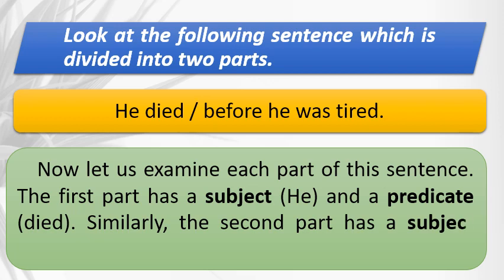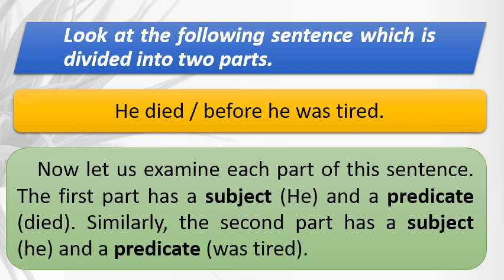Similarly, the second part has a subject he and a predicate was tired. So, in this sentence, there are two clauses. One is he died and another one is before he was tired. But one is a main clause and another one is a dependent clause.